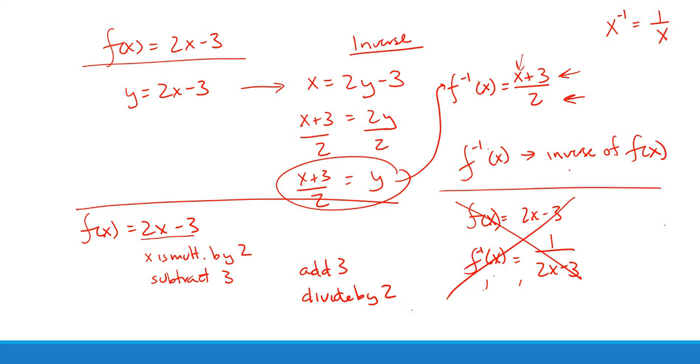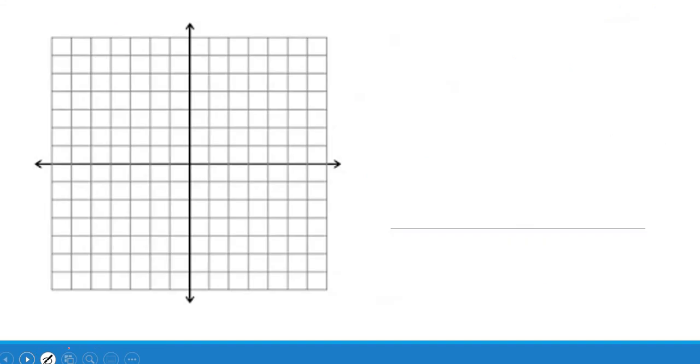Okay, I want to look at these two functions one more time on a graph before we move on further. So again, let's rewrite our functions. f of x was taking x times 2 minus 3. f inverse of x was taking x and adding 3 and dividing by 2. So let's graph the top one.